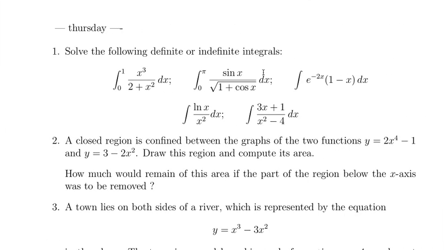Now the second exercise. Integral between 0 and pi of sine x over square root of 1 plus cosine of x dx. Okay, also in this case we have that sine of x is the derivative of 1 plus cosine of x.